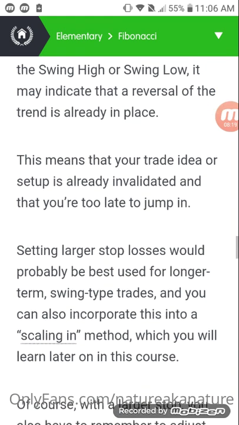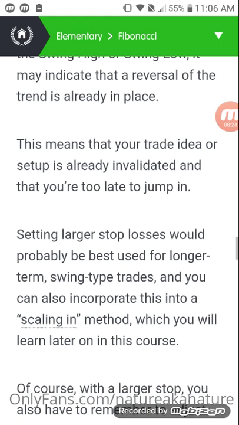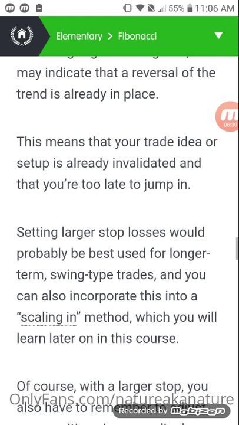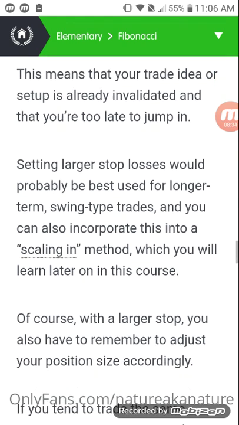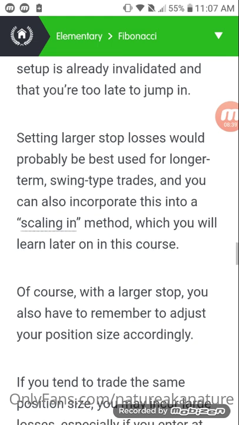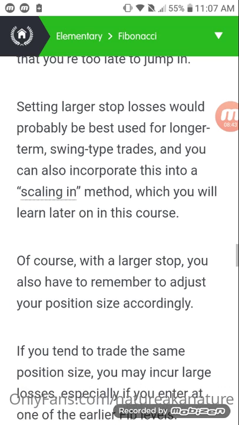Setting a larger stop loss would probably be best for you if you're doing long-term trades, like swing trading for a couple of days or months. You can always incorporate this into a scaling method too, which we'll learn later on in the courses.